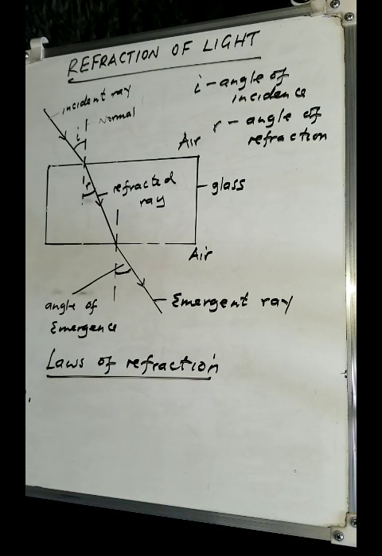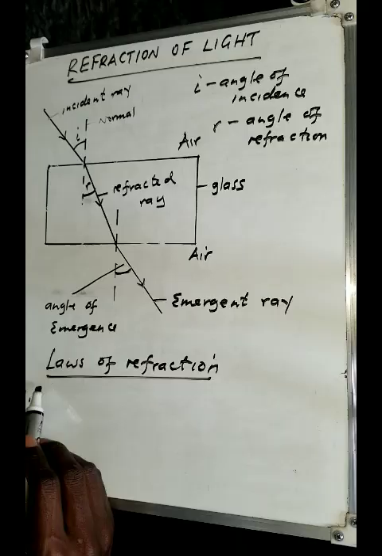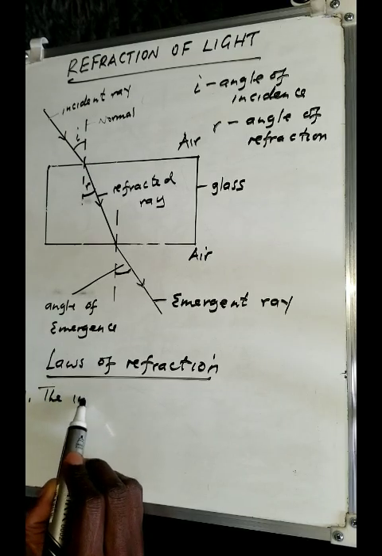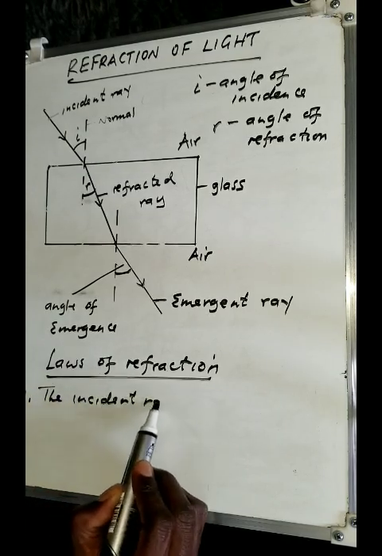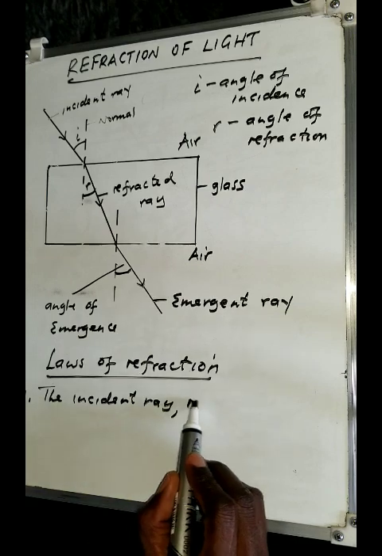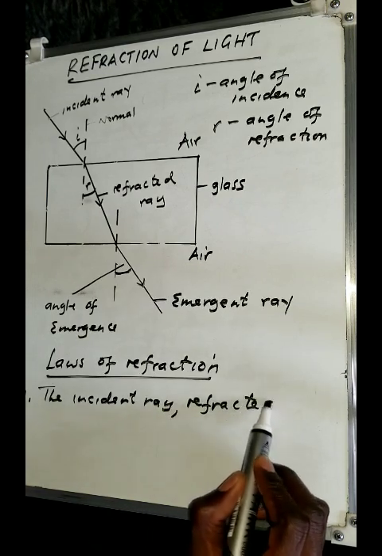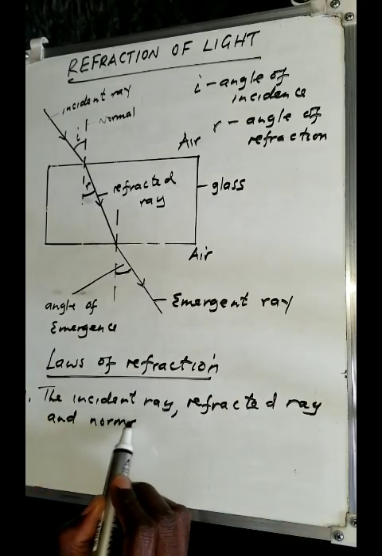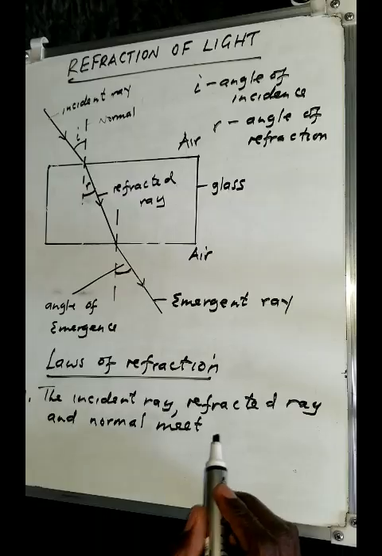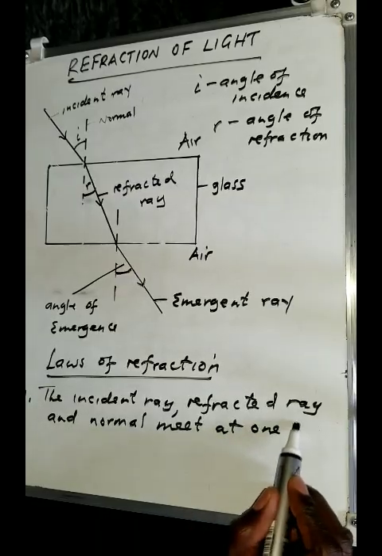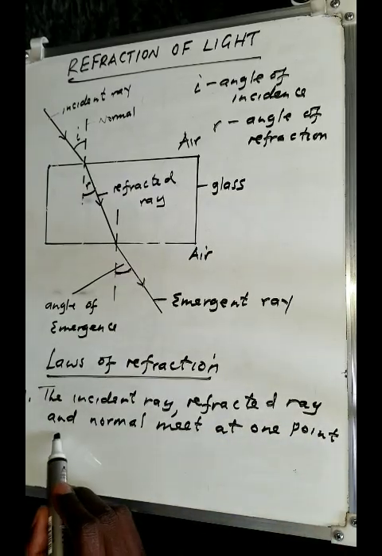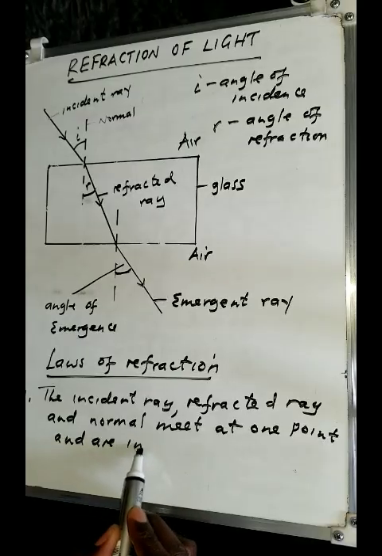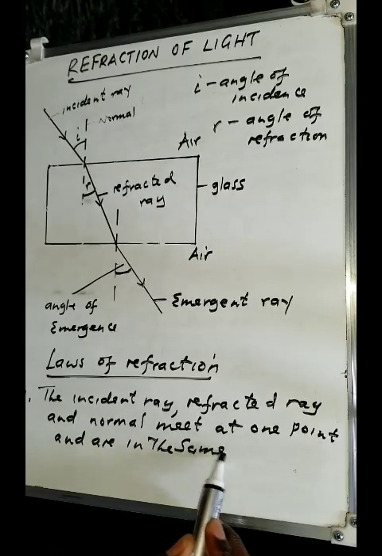According to the first law of refraction, which is not complicated, we can simply say that the incident ray, refracted ray, and normal meet at one point and are in the same plane.